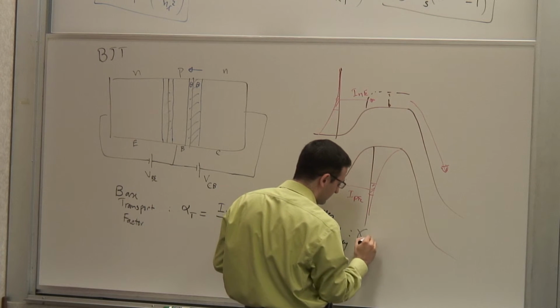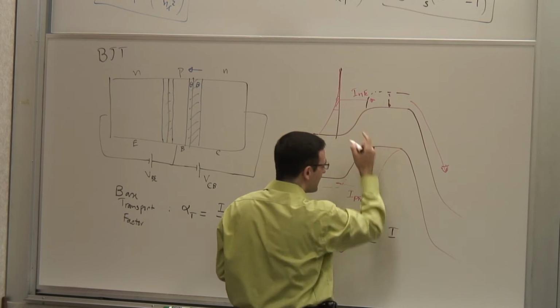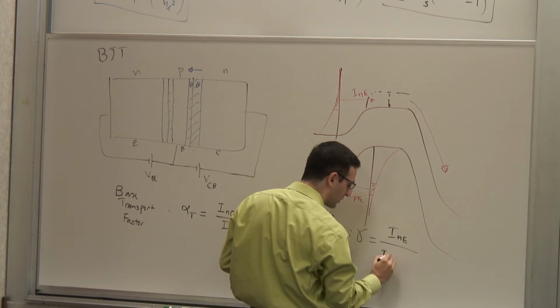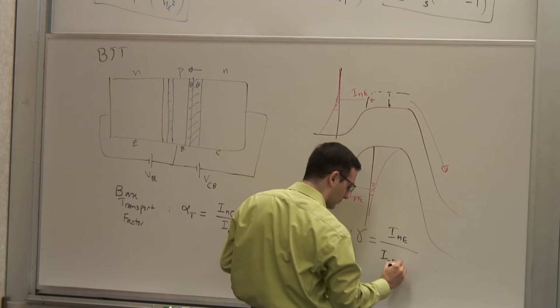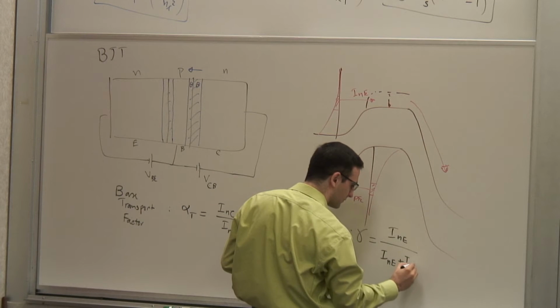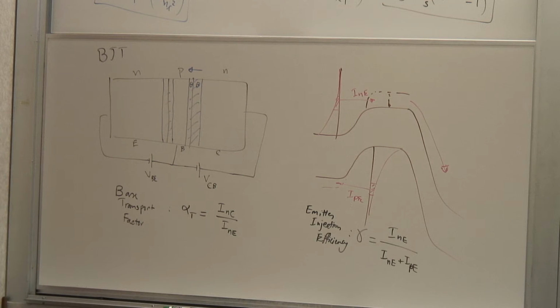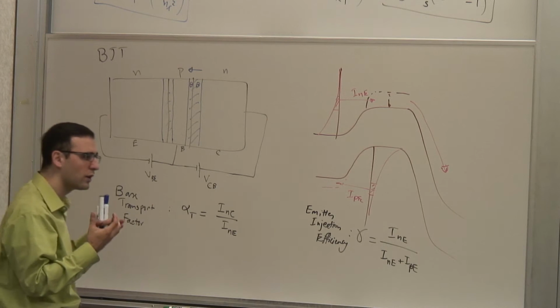Shown with gamma, and it's the ratio of the total base to the total emitter current, which is the sum of the electronic and the hole current. By definition. And of course that's obviously less than 1, but you want it to be as close to 1 as possible. So there are 2 things.